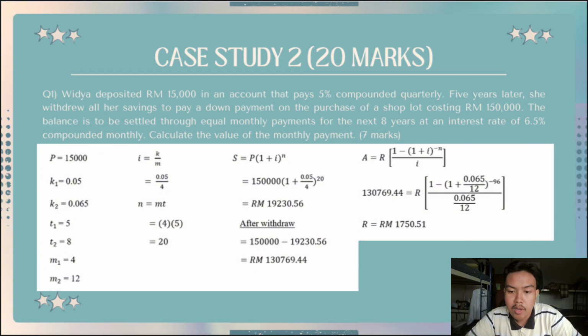A is 130,769.44, i is 0.065 per 12, and n is negative 96. So the answer is RM1,750.51.